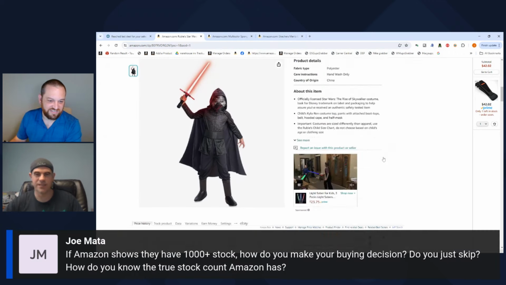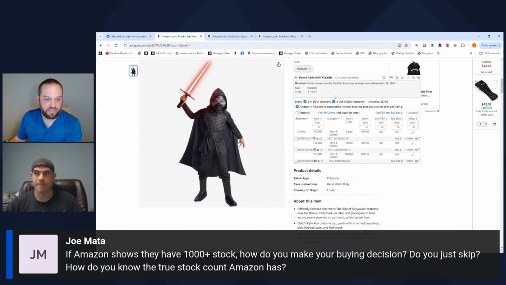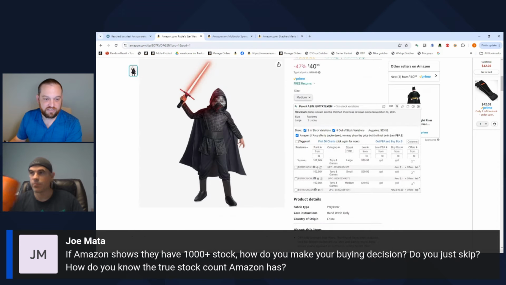Mad something? Mad costumes. Joe, as far as if Amazon has 1,000+ stock, you can still buy them and you can still sell them. If they're dropping the price to match another store's price, and then the price goes back up, you want to check that the Keepa data shows a history of the price going back to normal and it's not constantly having those drops.